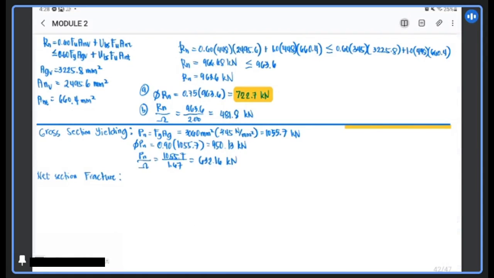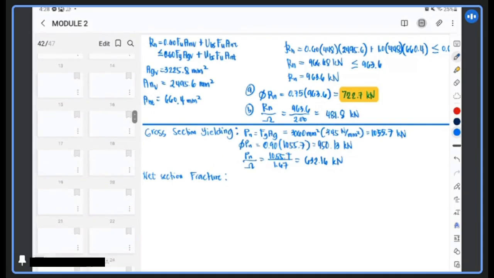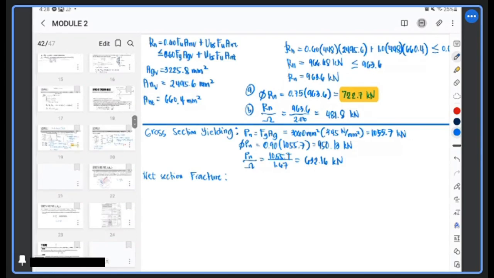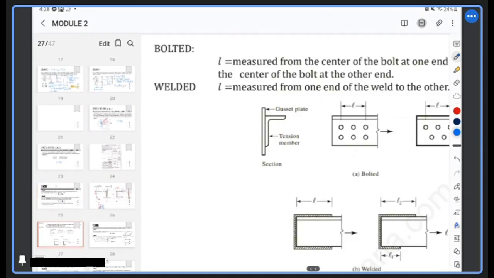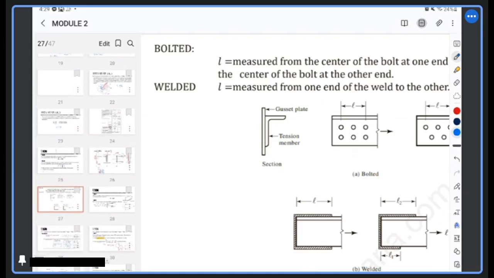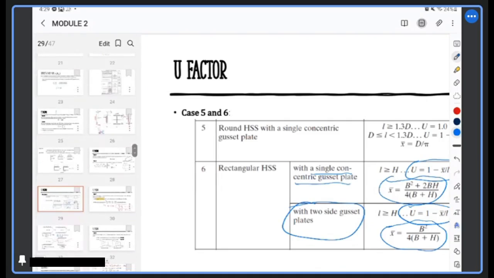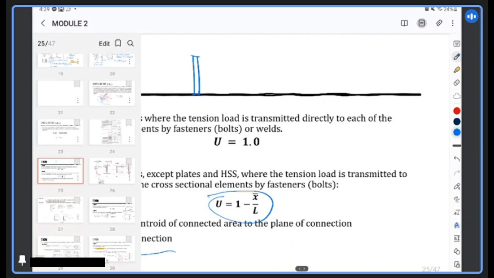Okay, ano bang sabi sa ating code? For it is angle, no? It is an angle connection. Where's the computation for U? 1 less x bar over L and what?